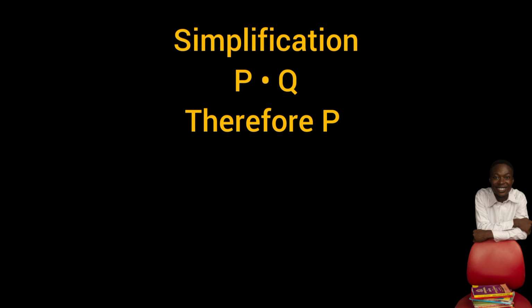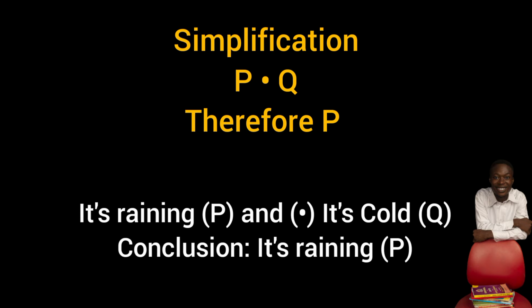So now, the statement P and Q, we could say it's raining and it's cold, right? Therefore, it's raining, or therefore, it's cold, right? So, that is that for simplification. Very simple.